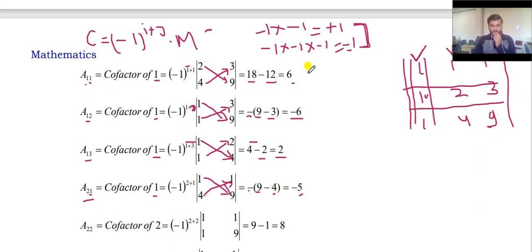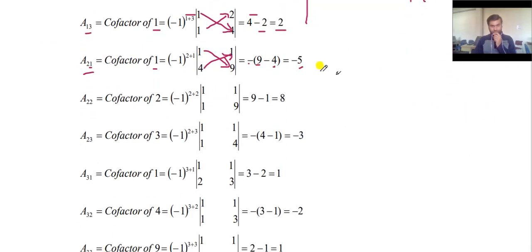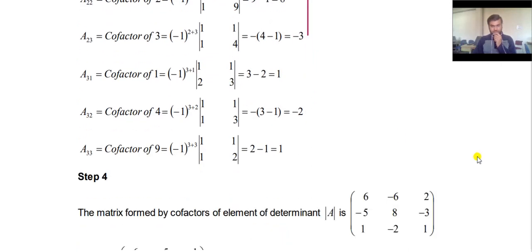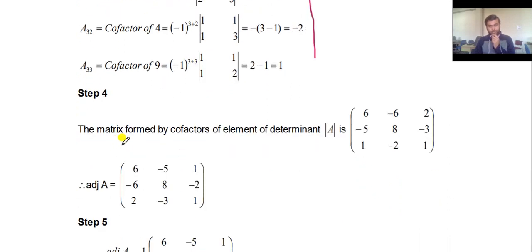So these are the cofactors of the first row, these are the cofactors of the second row, and these are the cofactors of the third row. Now in the fourth step we have to prepare a cofactor matrix.